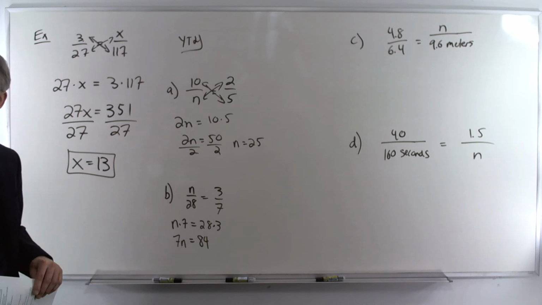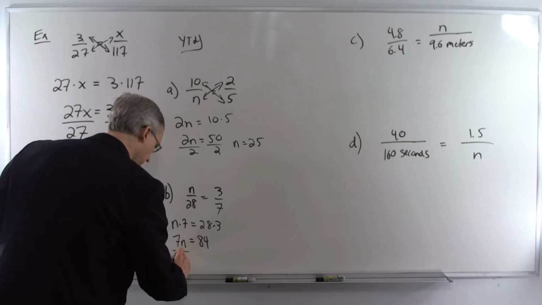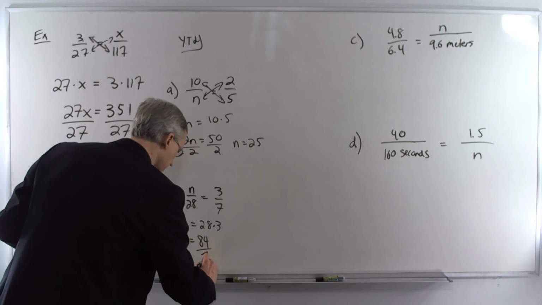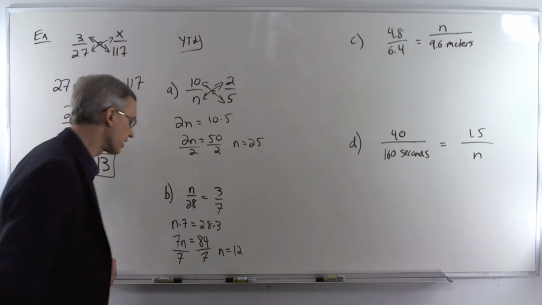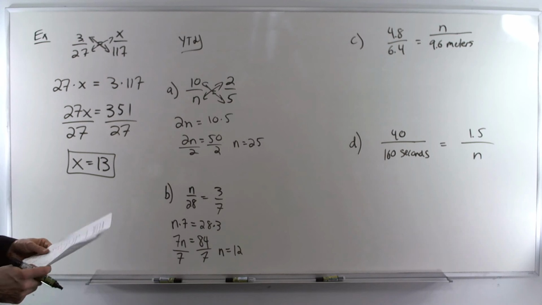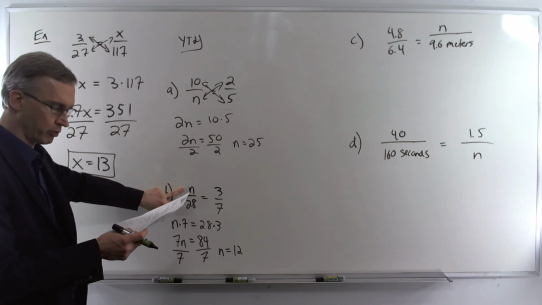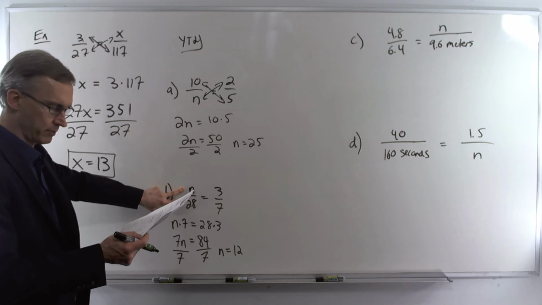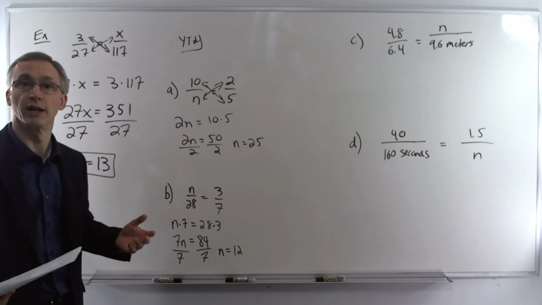Now we'll divide both sides by the number being multiplied there, 7. Divide each side by 7, we get n equals 12. Now to check, 12 divided by 28 gives us 0.429. It's probably rounded. And then 3 over 7 gives us 0.429.